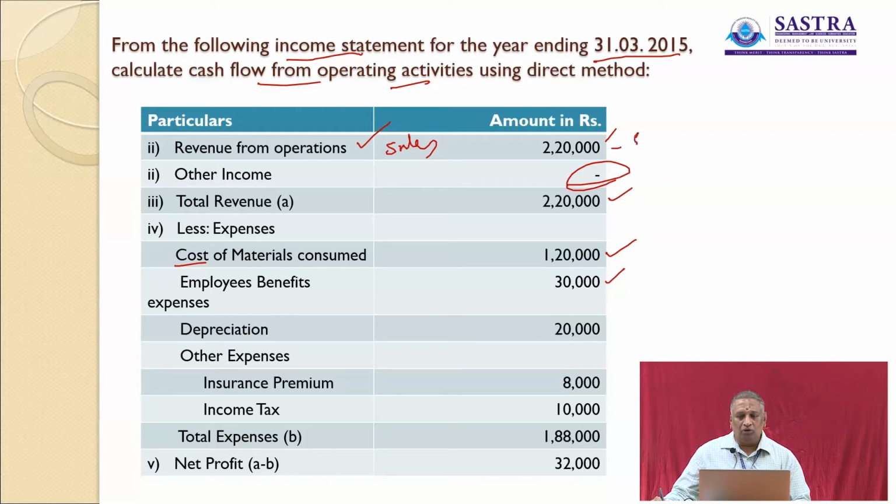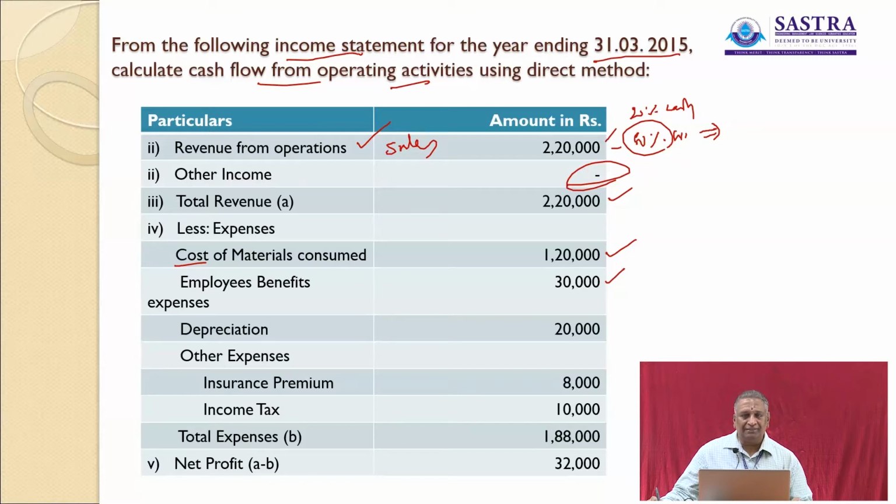And out of 80%, some portion would have been received this year, and the balance may be received in the next year.